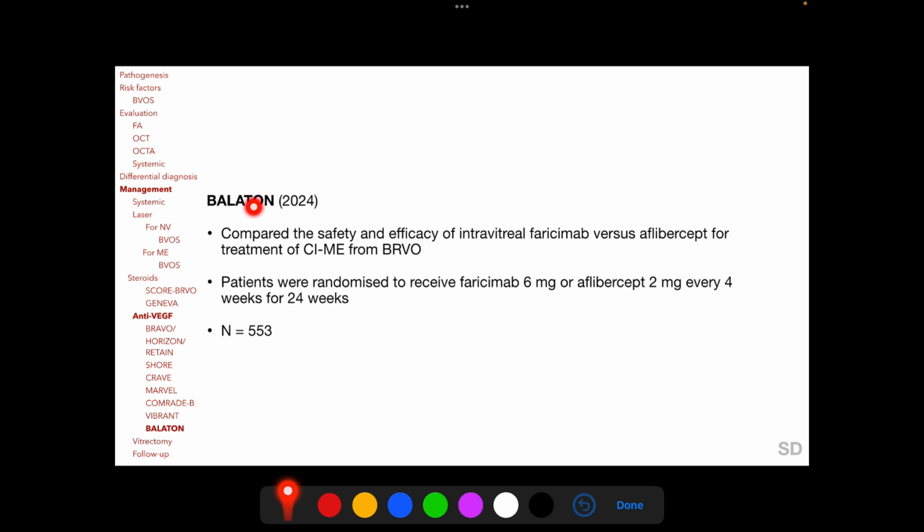The BALATON trial compared the safety and efficacy of intravitreal faricimab versus aflibercept for treatment of center-involving macular edema from BRVO. 553 patients were included and were randomized to receive either faricimab 6 mg or aflibercept 2 mg every 4 weeks for 24 weeks.